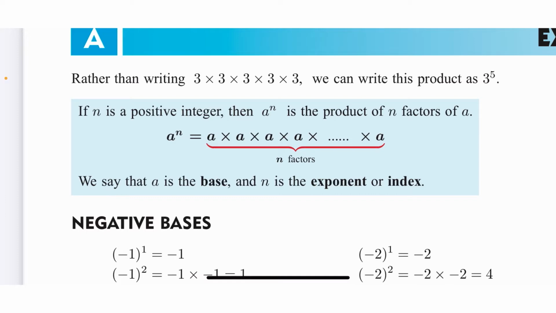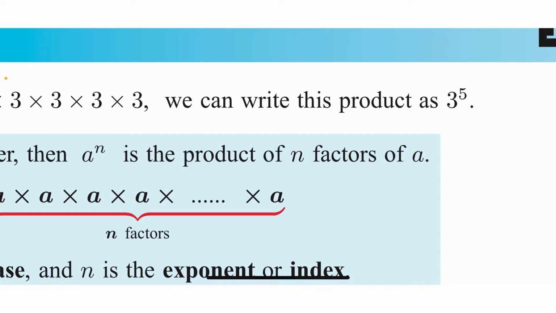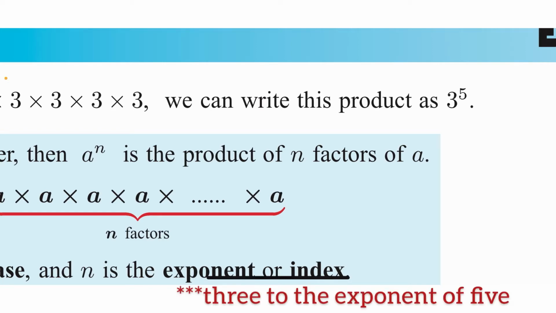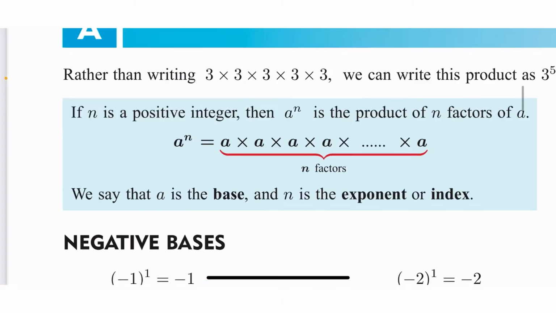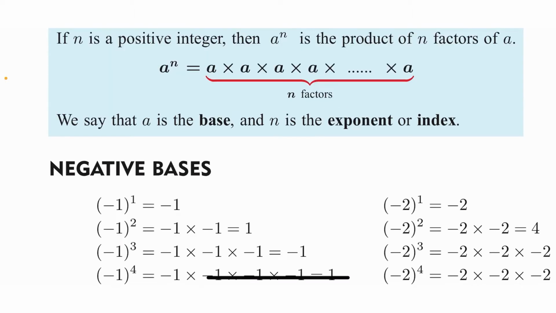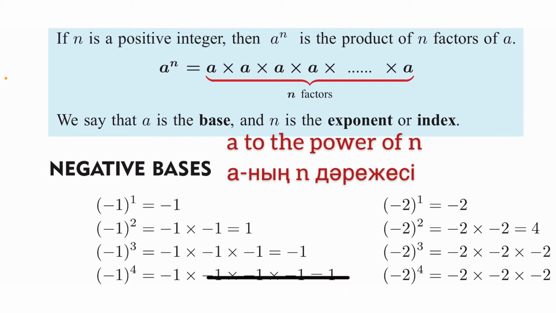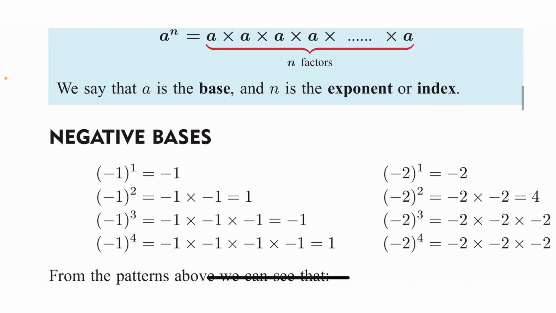We can write this product as 3 to the power of 5, or we say 3 to the exponent of 5, or we can say 3 raised by 5. So if n is a positive integer, then a to the power of n is the product of n factors of a. So rather than writing any number n times, we write a to the power of n, or a to the exponent of n. We say that a is the base and n is the exponent or index.